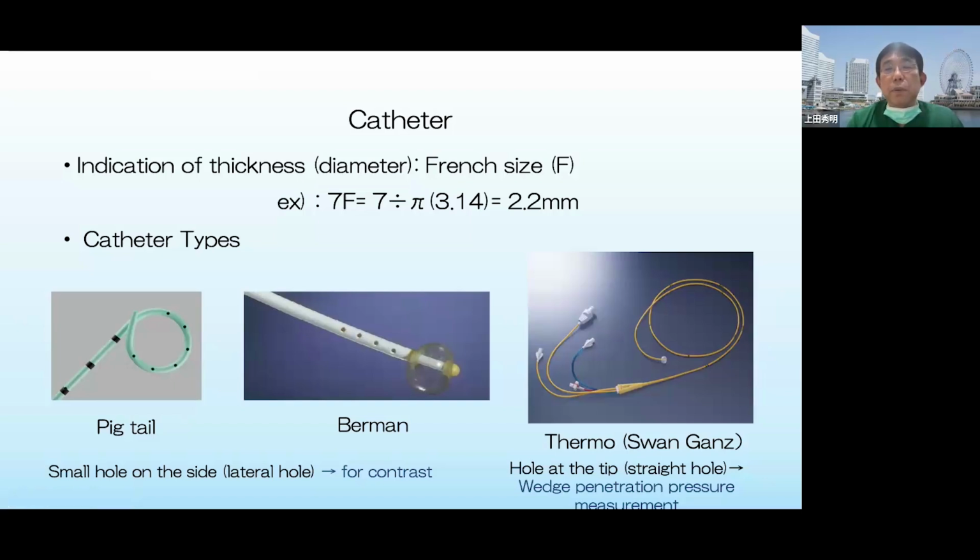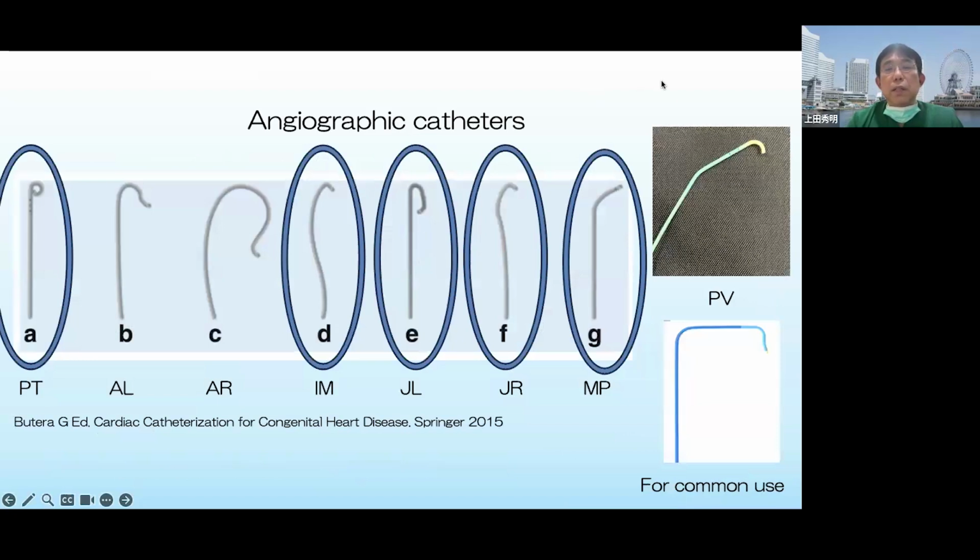And this is a very important catheter for us. So these are other pictures of angiographic catheters, which we mainly use: pigtail, internal mammary artery catheters, just against right, left, just against right, multipurpose catheters.